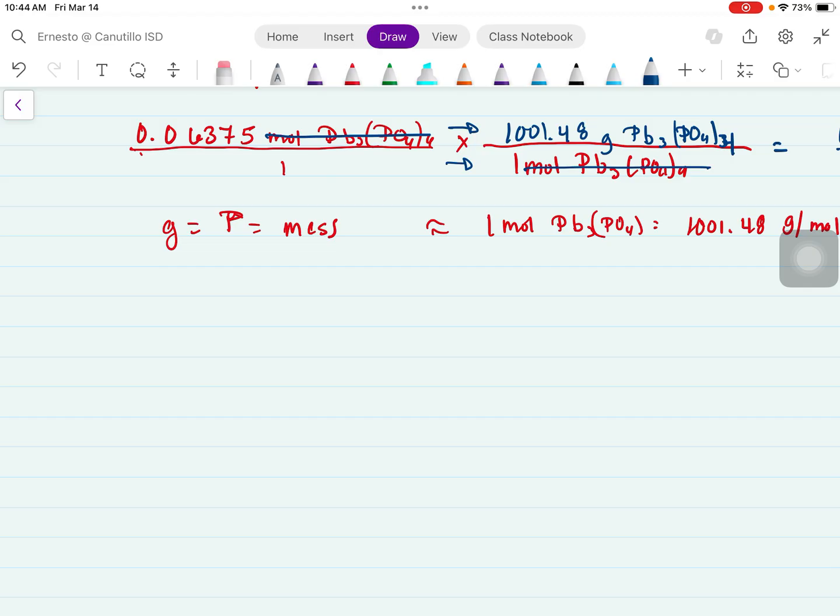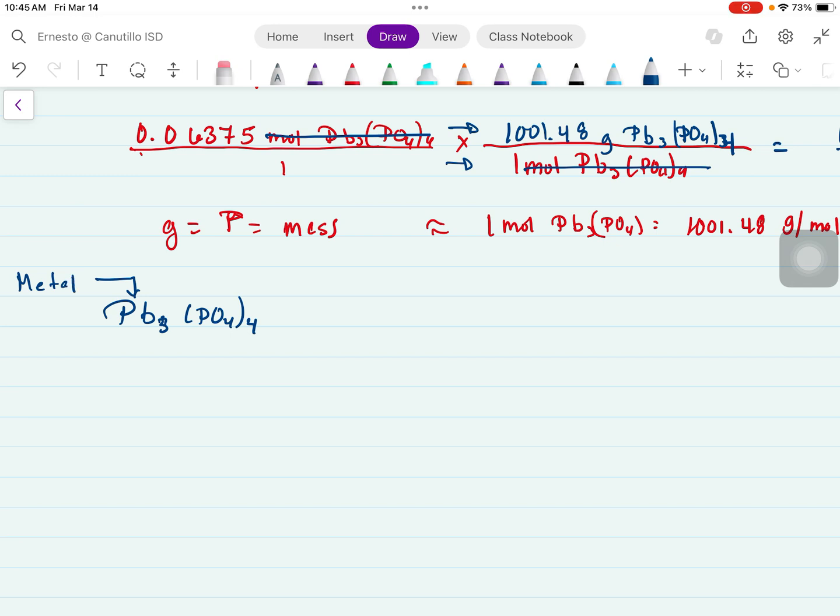All right. That second question is a little bit tricky. Okay, so let's take a look at it. We know that lead 4 phosphate is made up of a metal and nonmetals. We know that lead is our metal.